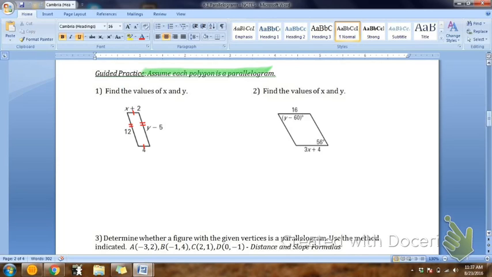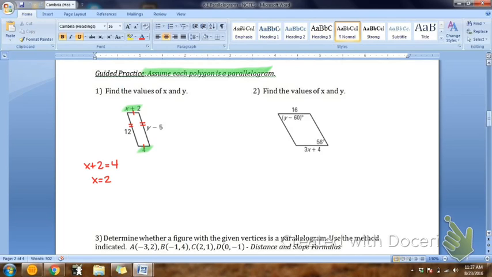And if the sides are congruent, what can I do with each of them? Excellent. Set them equal to each other, right? So if I want to find x, I can say x plus 2 equals 4. I'm setting opposite sides equal to each other. And this gives us x equals what? 2. Okay, now that was a pretty basic example.